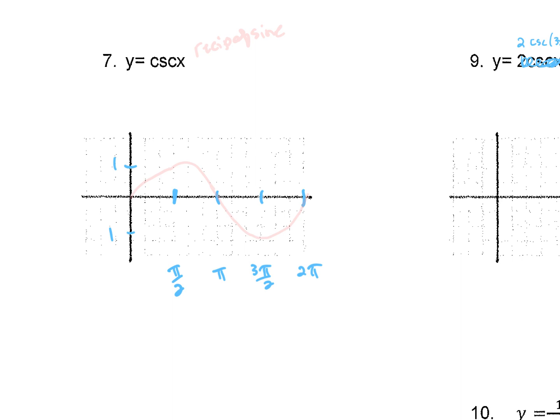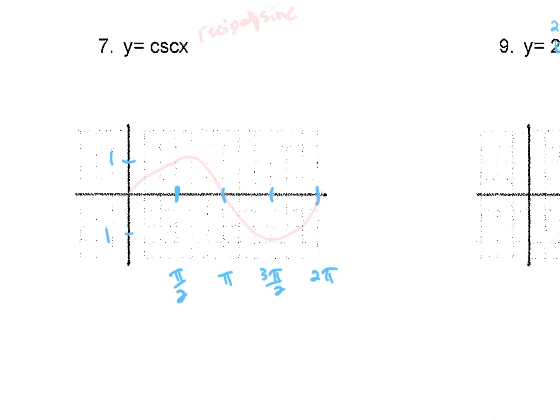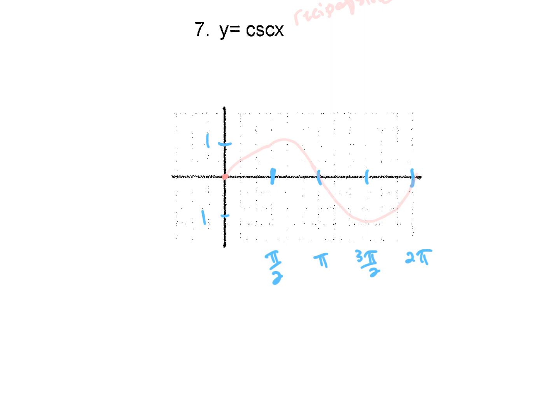All right, we know these are reciprocals. Sine and cosecant are reciprocals of each other. So if you think about it, if we look at these y values, if we have a y value of 0, and we take the reciprocal of that, then the reciprocal would be 1 over 0, which we know does not exist or is undefined. So what that's telling us is that that's where we have asymptotes.